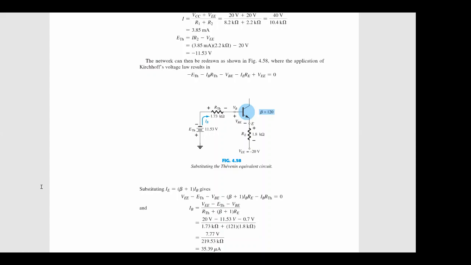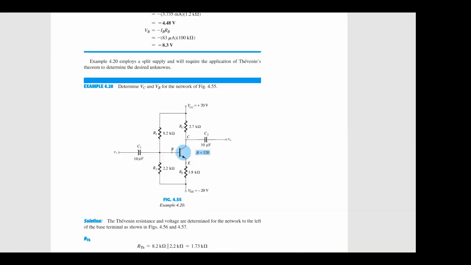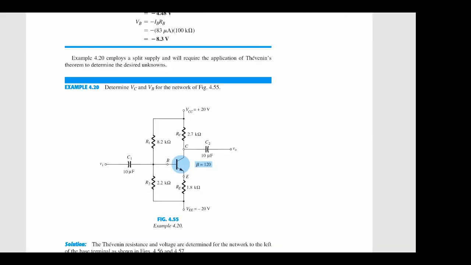If I have the book open, I can show you. Okay, can you see it? Yes, sir. The example 4.20. So in this, as you can see, there is a voltage divider circuit which is given, but there are two biasing sources installed in the circuit.